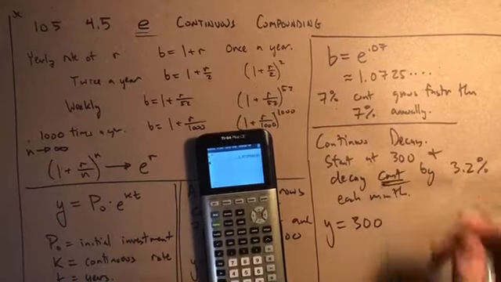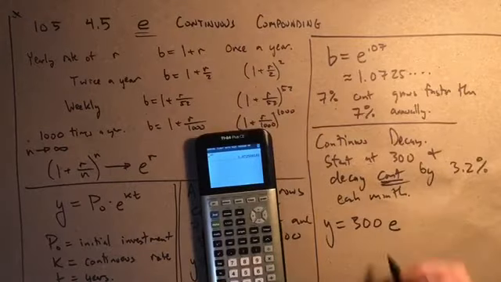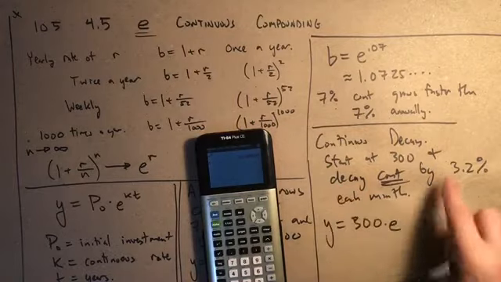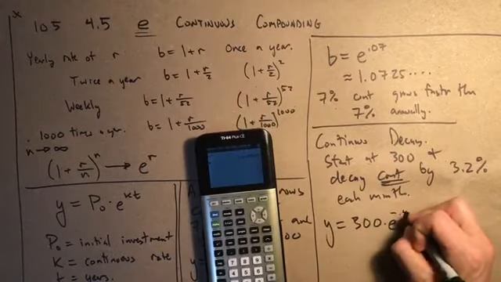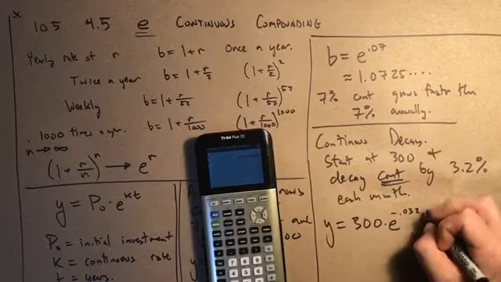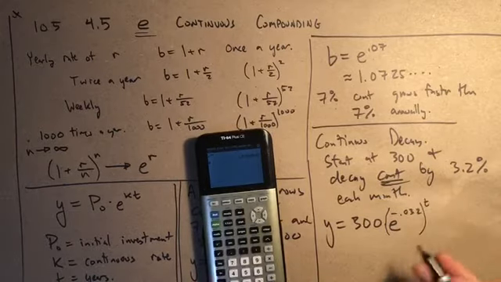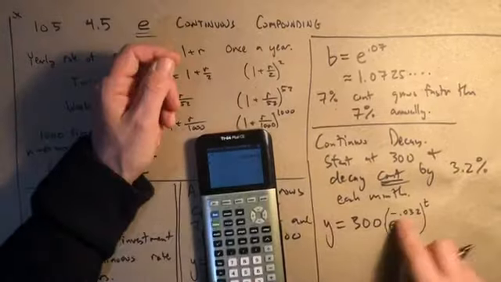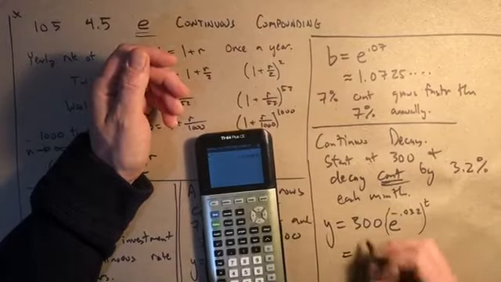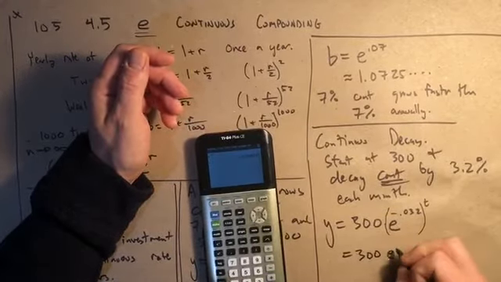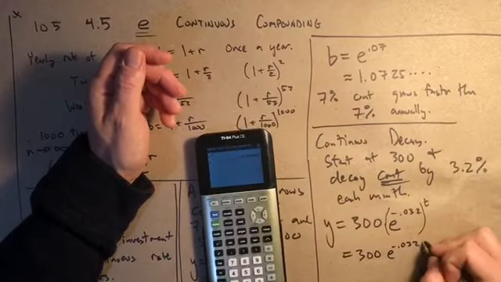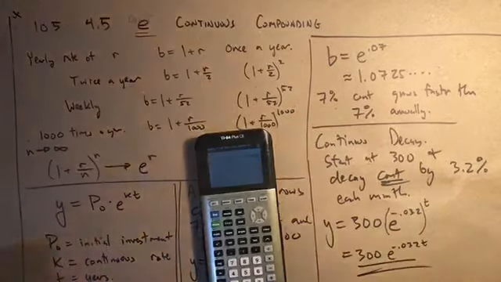Because we had continuously, we're going to have e as a part of our growth factor. But because it's decaying, negative 0.032. Then I could write it like this, all of that raised to the t, but I don't. I use my properties of exponents because I'm a master, and I have 300 e to the negative 0.032t, and we're out.